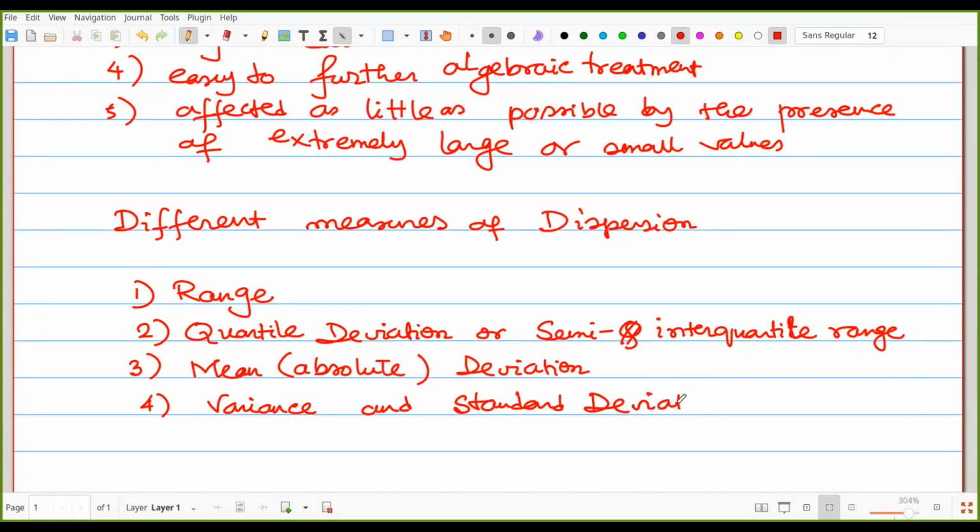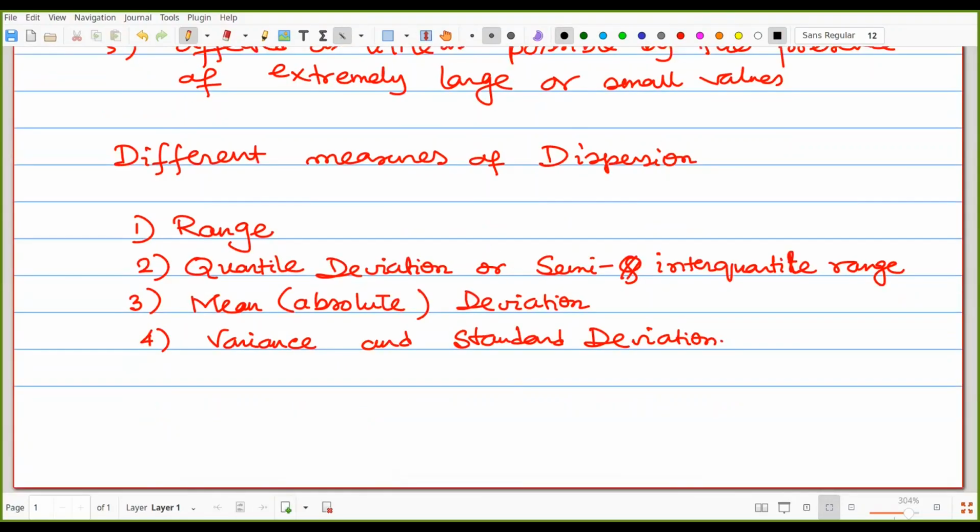So we first start from the range. The range is practically a very easy thing. According to the term, range means the difference from one portion to another portion.